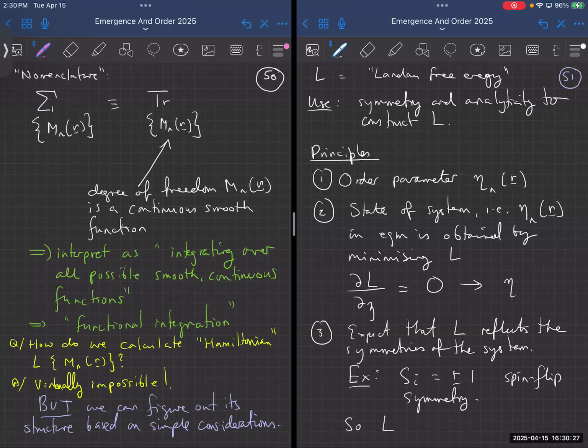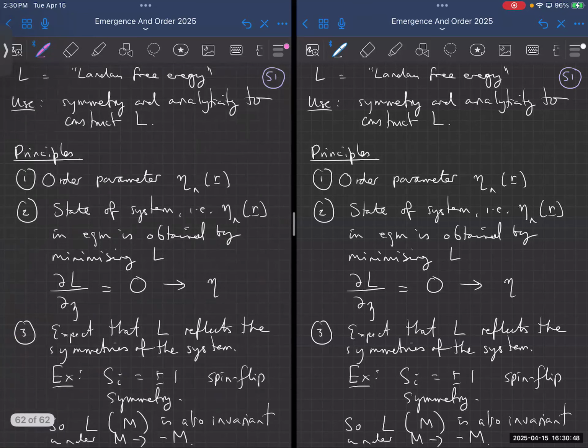So we would expect that the Landau free energy as a function of the magnetization is also invariant under the order parameter going to minus m, at least in an external magnetic field that is equal to 0.